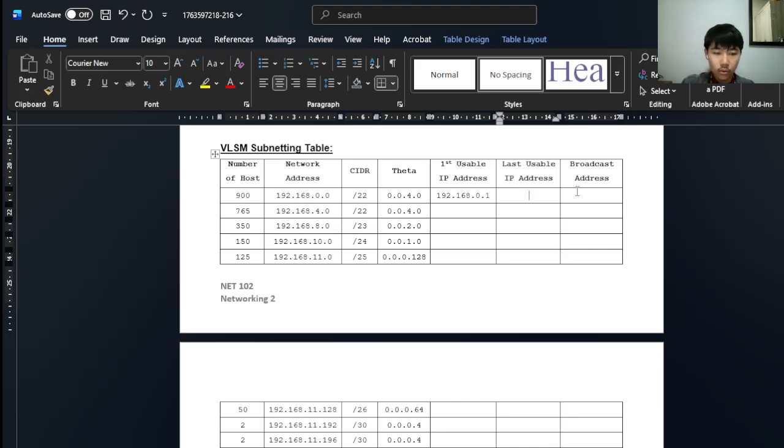To get the broadcast address, it's easy.